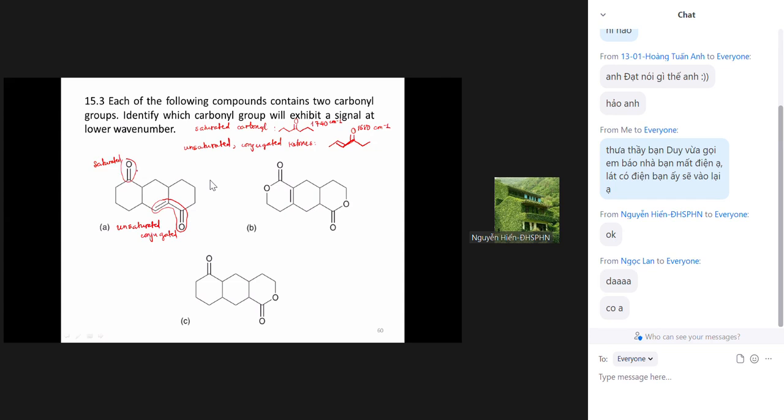So this one, the saturated one, will absorb at about, and the unsaturated and conjugated part will absorb at.